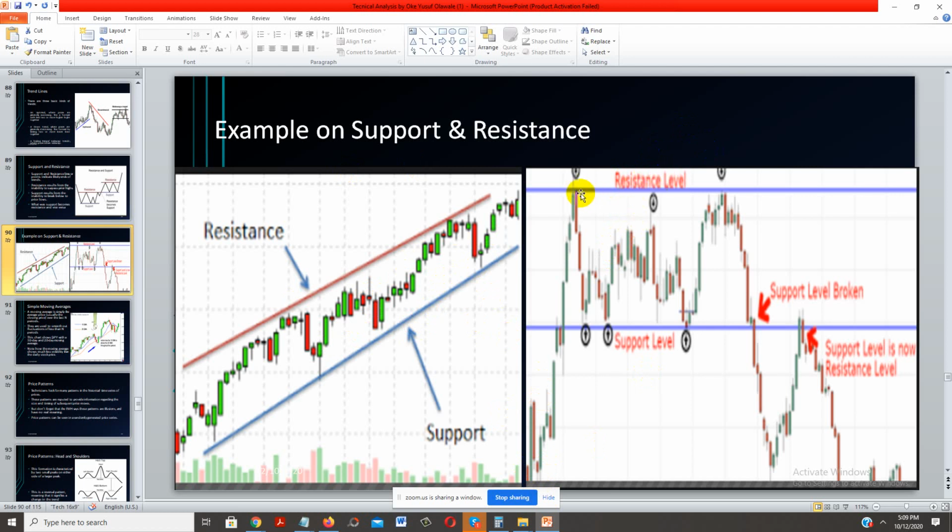Now we have the resistance level. This is a situation where the market is ranging. If it is ranging there and you draw a straight line, anytime price goes above or below that line, it shows that the market is no longer ranging.